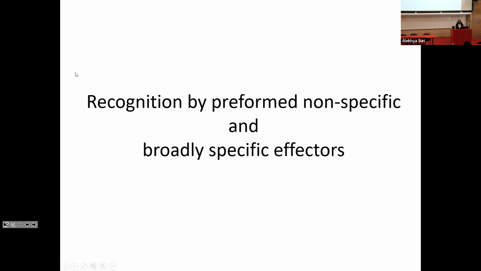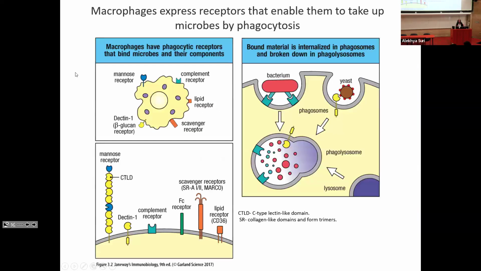Besides these barriers, there are also preformed molecules or cells that are there to recognize pathogens and get rid of them. One of the most important cell types that does this is called the macrophage. These are eating cells. They eat up a lot of different things.